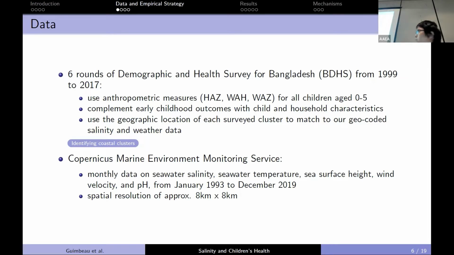Now, where is our salinity data from? We have data from the European Space Service, essentially, which records monthly data on seawater salinity, seawater temperature, sea surface height, pH from 1993 to December of 2019. So why are we using ocean? There are 2 reasons.